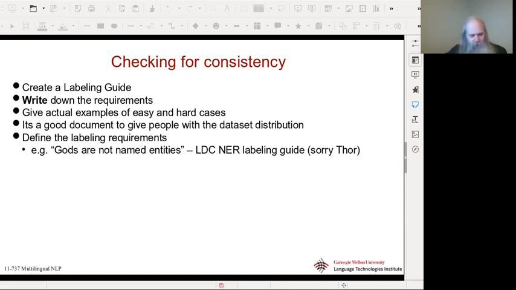I remember when we were doing Lorelei, we were looking at earthquakes being reported in Uyghur, the language spoken in Western China. It's a Turkic language. And one of the things, especially on Twitter, that would happen is people would be commiserating with those who had the misfortune of being affected by the earthquake.